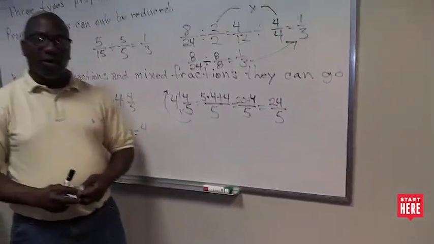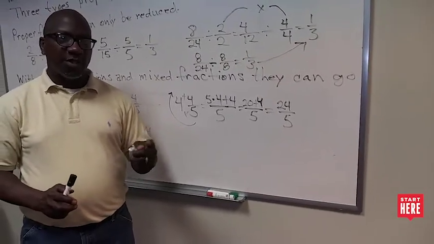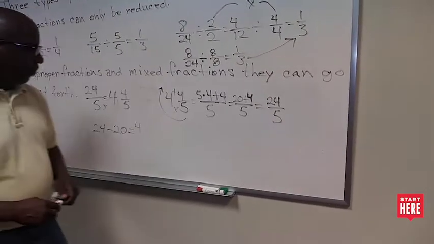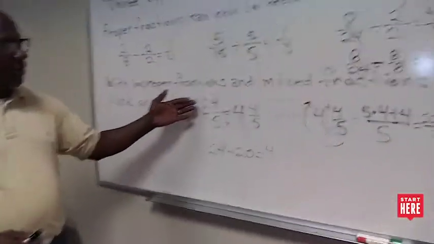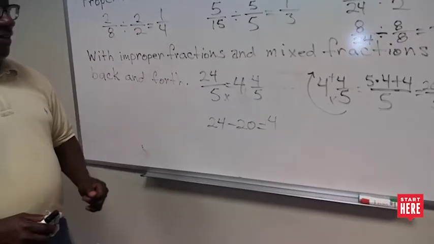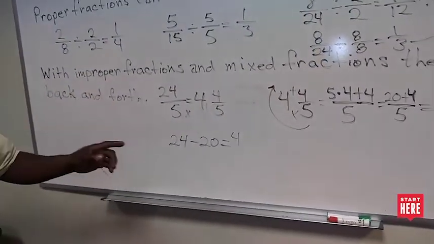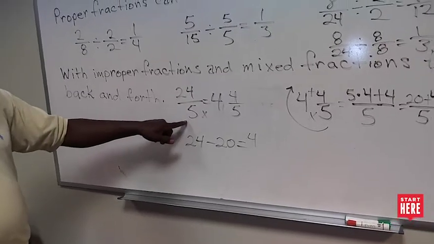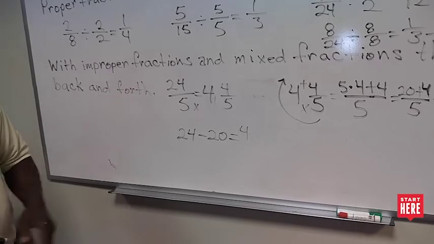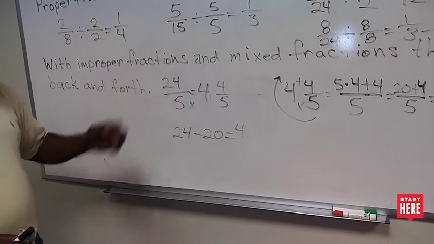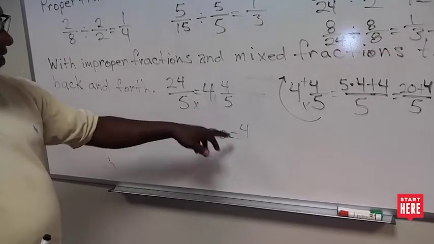This is very important to know how to do. So let's go through this process one more time. We start with an improper fraction, 24 over 5. We want to change that to a mixed number. So we're going to divide the denominator into the numerator. 5 will go into 24 4 whole times.